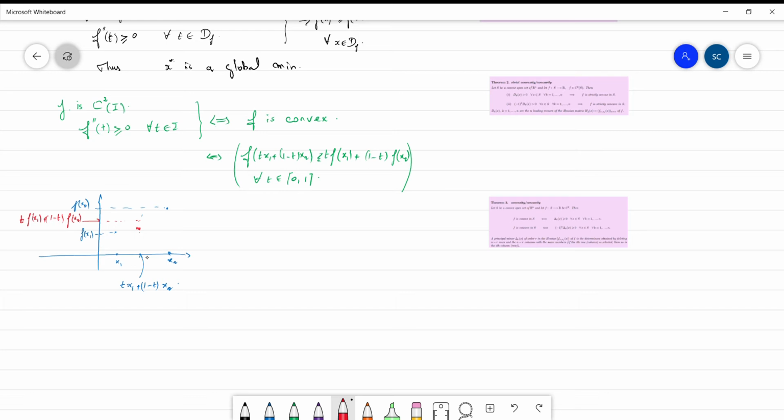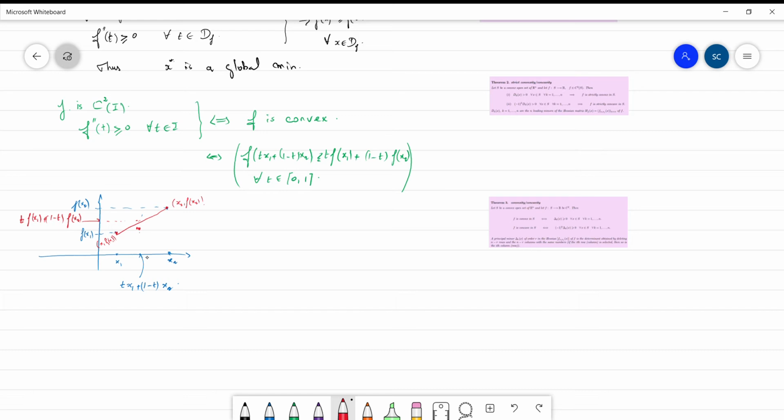Now, if we consider this line segment joining the two points, this is (x2, f(x2)) and this one is (x1, f(x1)). This line segment can be described by these points and these images.